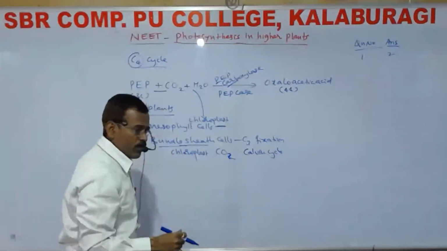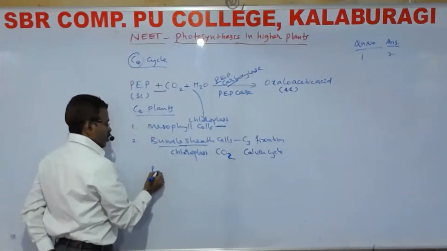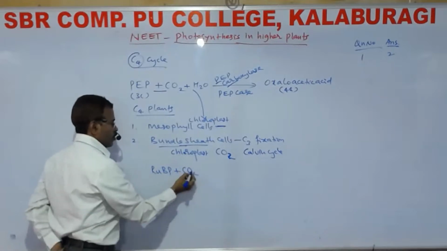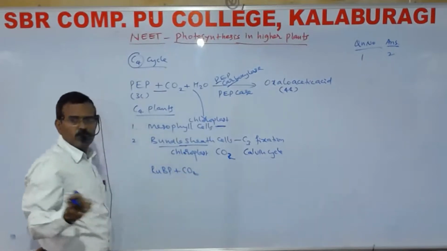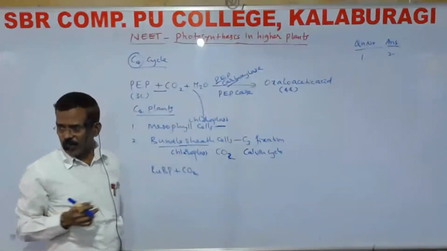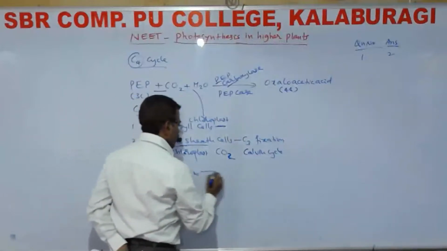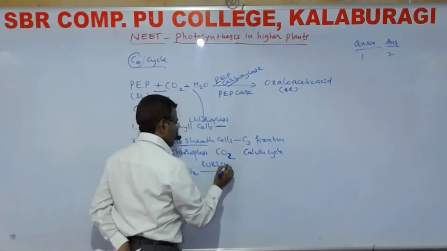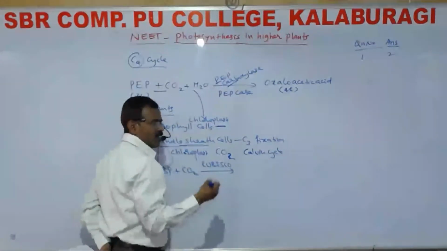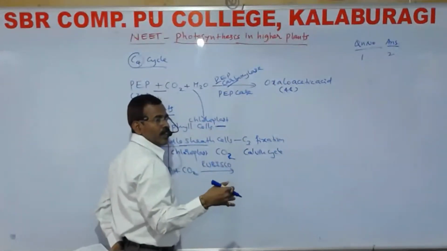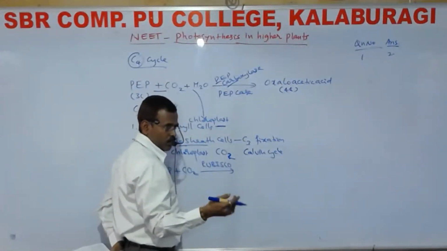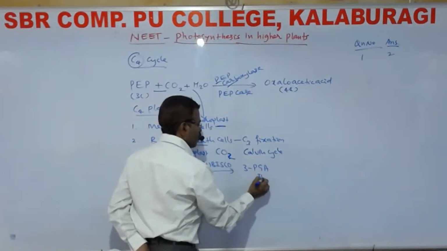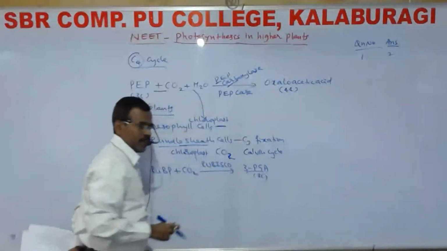In the case of the C3 pathway, ribulose 1,5 bisphosphate fixes carbon dioxide in the presence of which enzyme? Rubisco enzyme, and it results in the formation of the first stable compound, that is 3-PGA, a 3-carbon compound, phosphoglyceric acid.